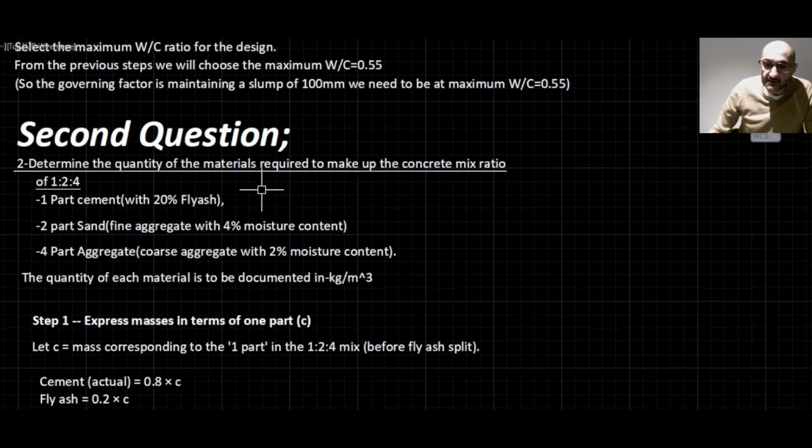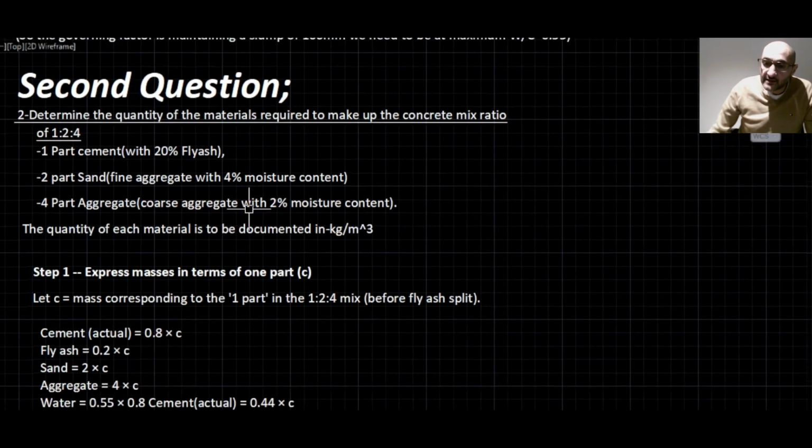Determine the quantity of materials required to make up the concrete mix ratio of 1 to 4. So that is basically 1 part cement with 20% fly ash. So within this one part, there will be 80% cement and 20% fly ash.